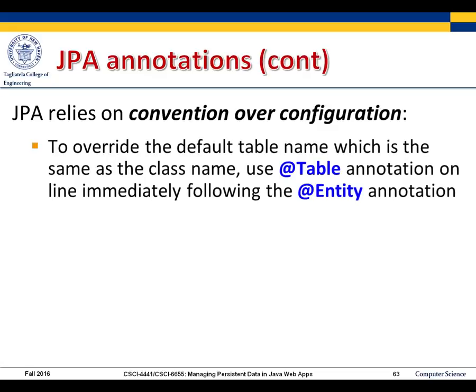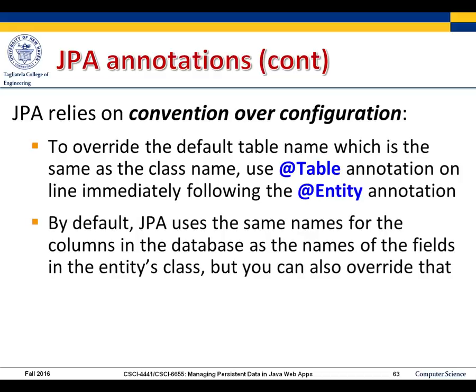Again, here's another one, @Table. You might not have even seen it in some of your examples, because if you're happy with allowing the database table name to be the same as the class name, you don't have to say anything, okay? However, if you want it to be something else, like all uppercase, or with underscores in it, or some other name that means something, you can.